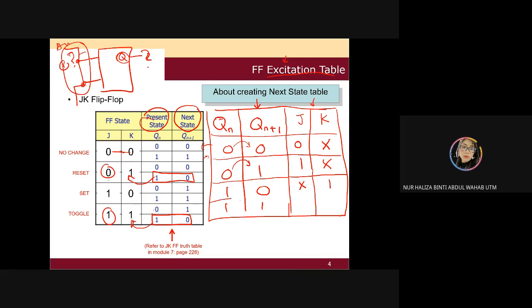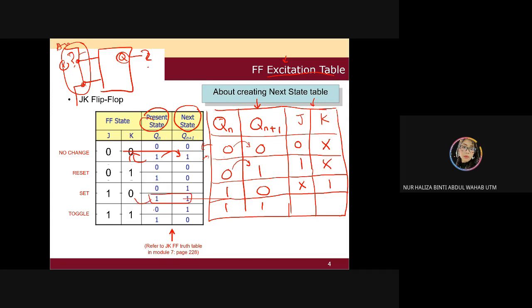Finished with the third one. Coming to 1 to 1: the present state is 1 and the next state is 1. This is the condition, and another one is this one.